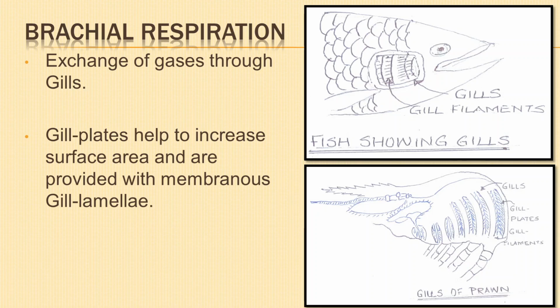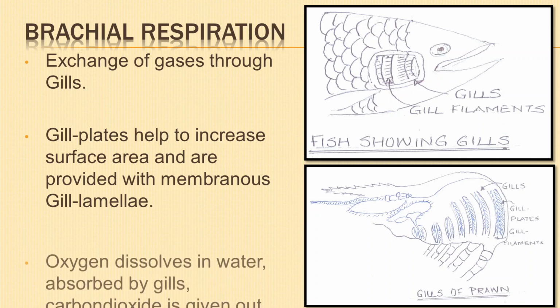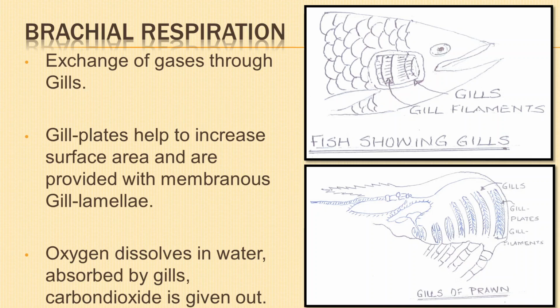Each gill plate is provided with many membranous gill lamellae. The blood present in gills absorbs oxygen that is dissolved in water and gives out carbon dioxide from the blood out into the water.